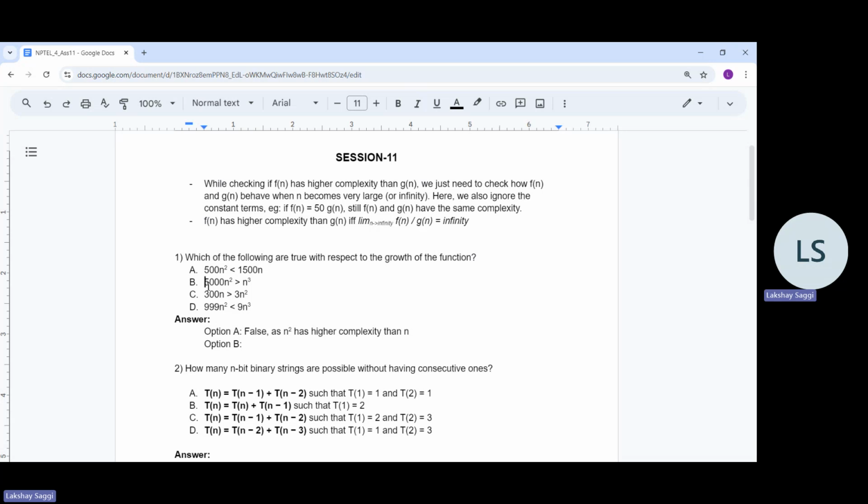But this claim is also false, because ignoring the constant 5000, n square does not have a higher complexity than n cube. N cube has a higher complexity than n square. So this is also false.